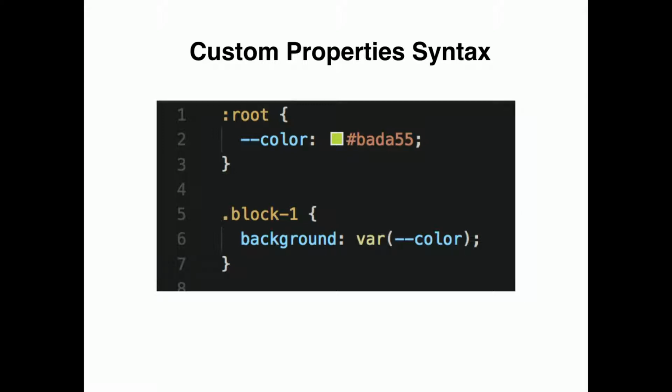Now the :root right there represents just the root element, which in a normal web page is just your HTML element. And your CSS, they're really not called CSS variables, it's CSS Custom Properties. So you're creating this property and you're defining it yourself, and just like any other CSS property, it will cascade down, right?